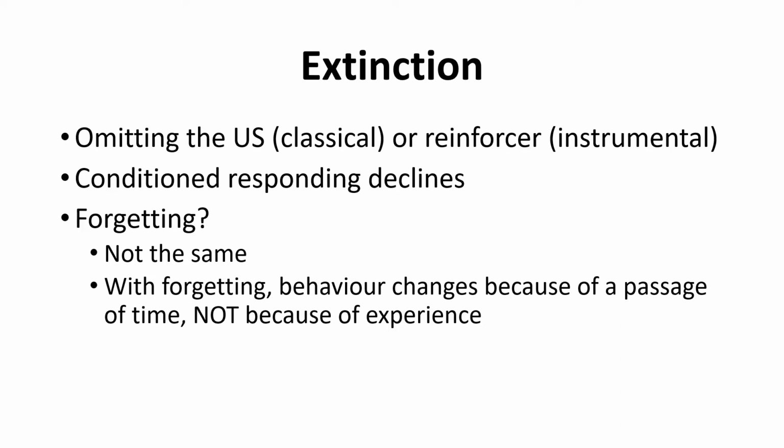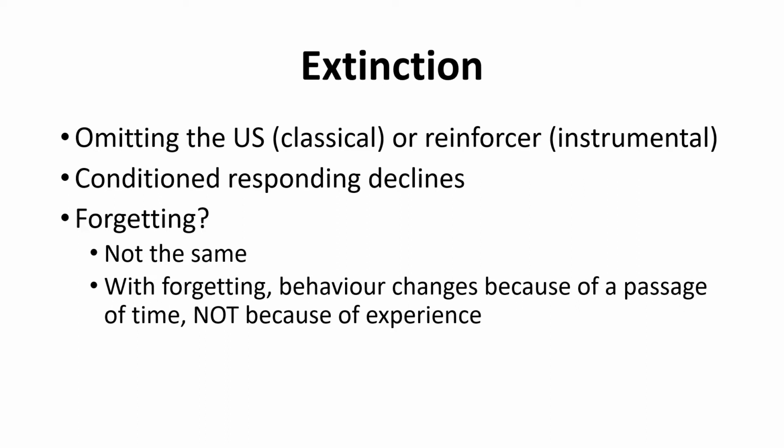Now we can take another brief detour into something that extinction is not, and extinction is not forgetting. They're very different concepts here. With forgetting, behavior changes because of a passage of time. As time goes on, the associations that were made between different stimuli get weaker and weaker until they go away.